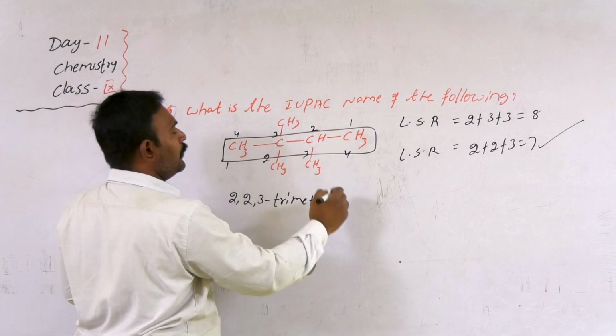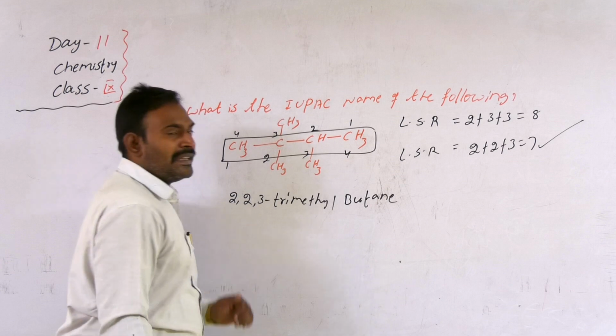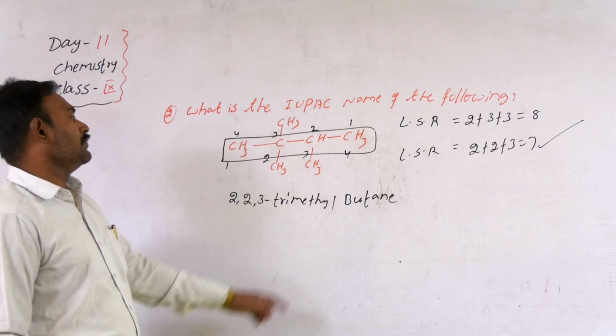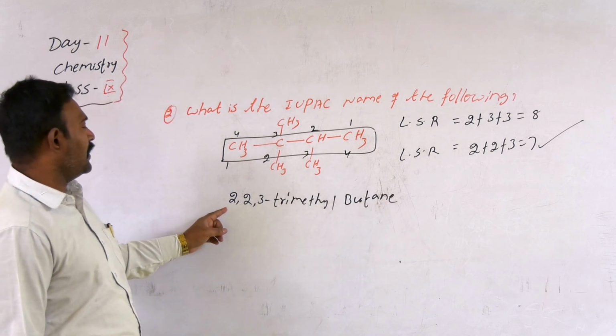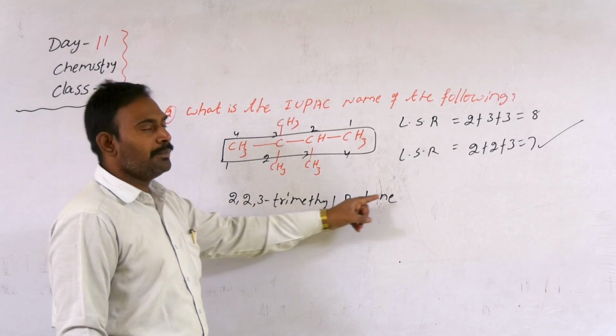Total carbons here 4. What will be the primary suffix? A. No double bonds, no triple bond, no functional group, so it comes under the alkanes, butane. So the name of this compound is 2,2,3-trimethylbutane.